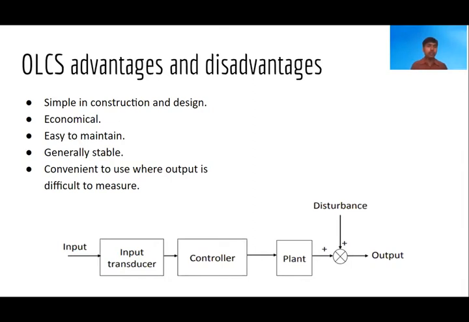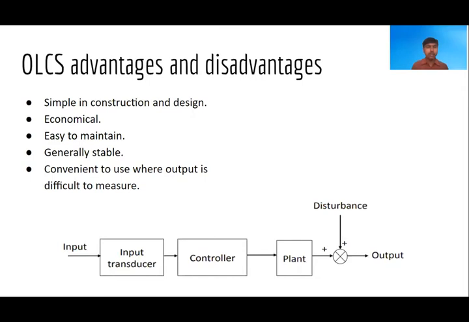Also, the system is generally stable because the reference input is given to the plant through the controller, giving some output, and this output is not fed back and continuously changing. So the output is always the same, and it produces a stable output.